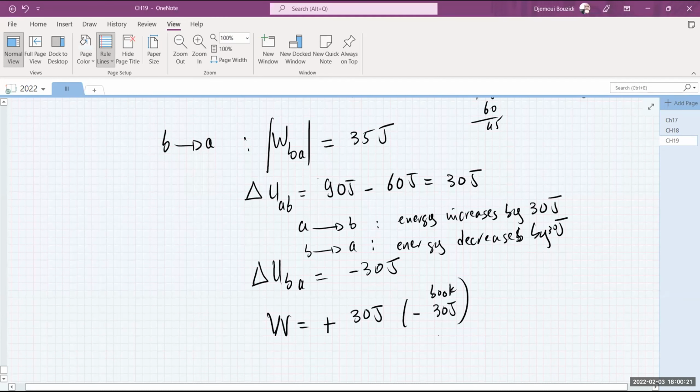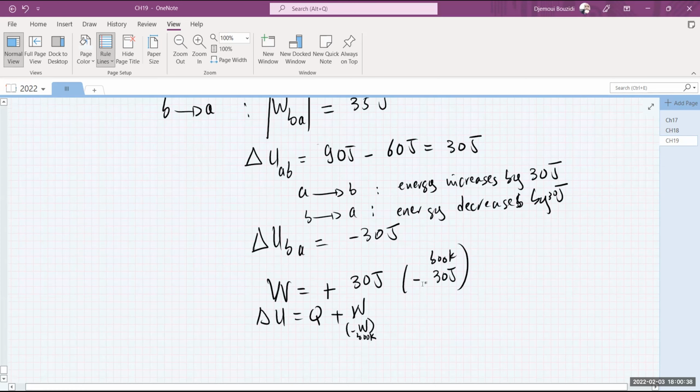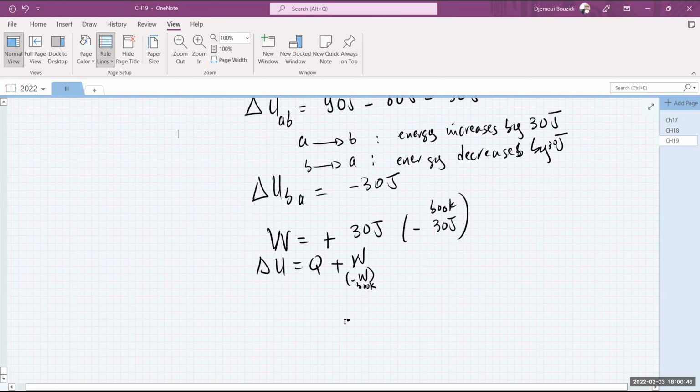That's how they write it in the book, because they write delta U to be Q minus W, while we write it plus W. It's going to be the same thing. If you write minus according to the book, minus times minus is going to be positive. If we write it positive the way we write it, positive times positive is going to be positive. So we know going from B to A that this is what's going on.